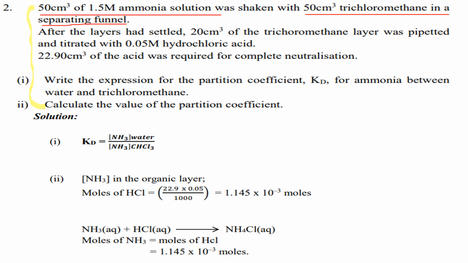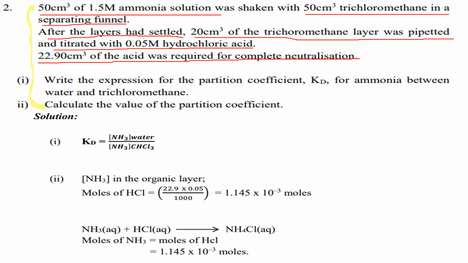And after that, they say that after the layers had settled, remember that this is attaining equilibrium, 20 centimeters cubed of trichloromethane layer was pipetted and titrated with 0.05 molar of HCl. Now they are saying that 22.9 centimeters cubed of the acid was required for complete neutralization.